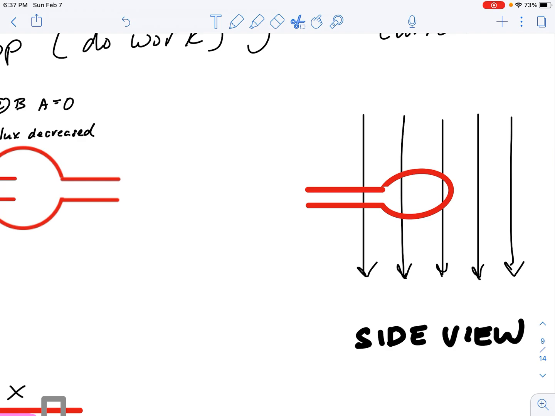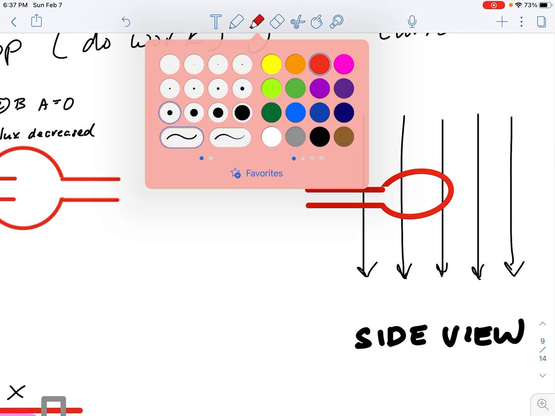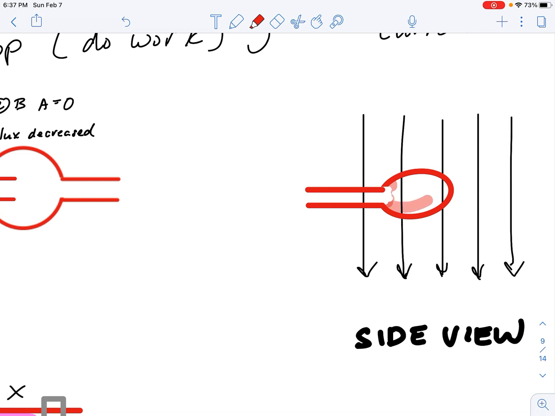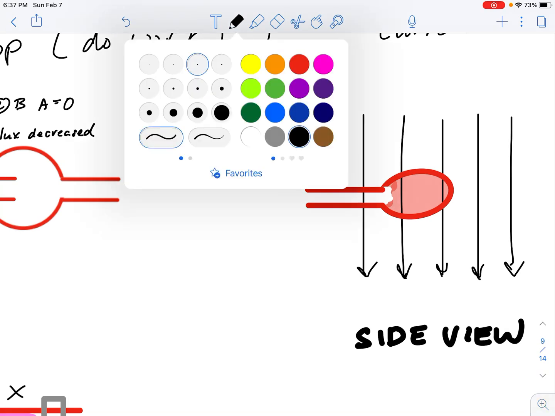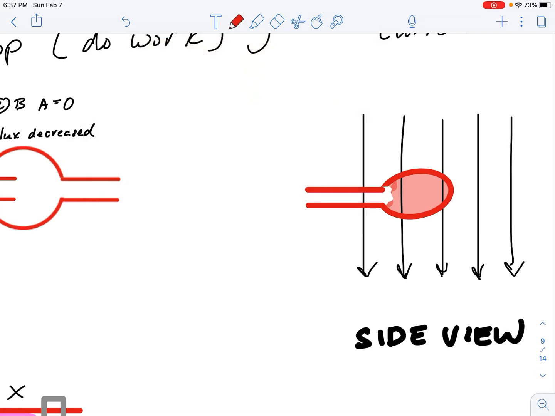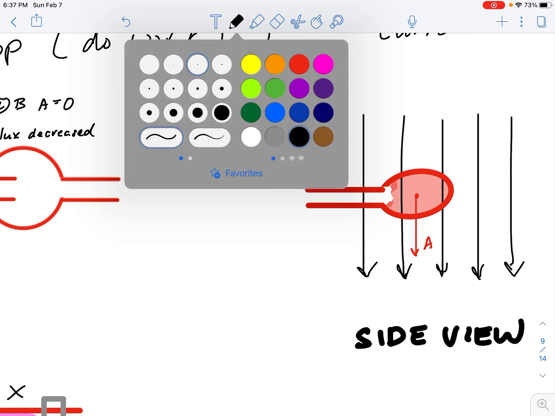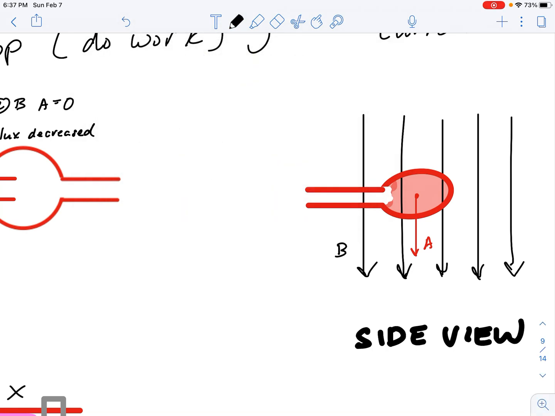The wire itself creates this area, and there is a vector associated with the area. The vector associated with the area is perpendicular to the plane. So the area vector would look like that. And the magnetic field vector I've already drawn.